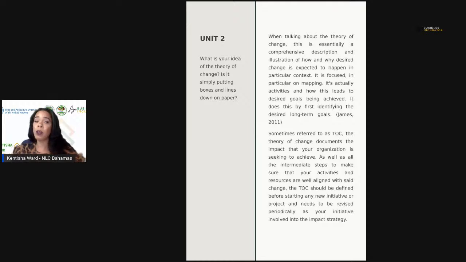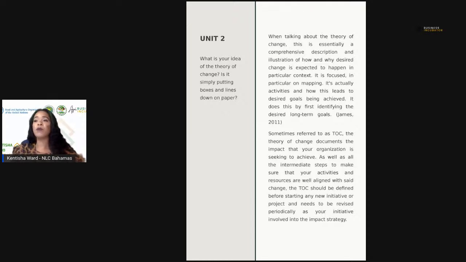And this will happen with your Model C canvas. Also sometimes referred to as theory of change, the theory of change documents the impact that your organization is seeking to achieve, as well as all the intermediate steps to make sure that your activities and resources are well aligned with this said change.